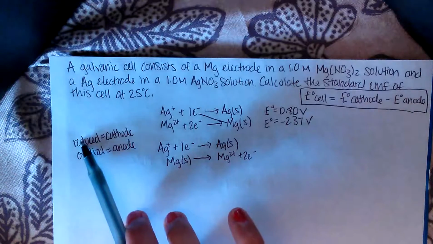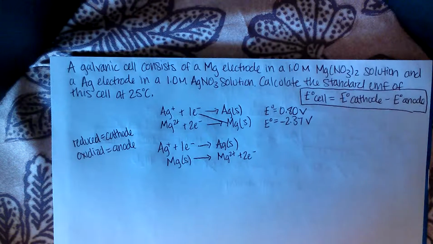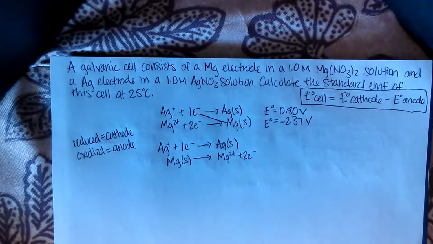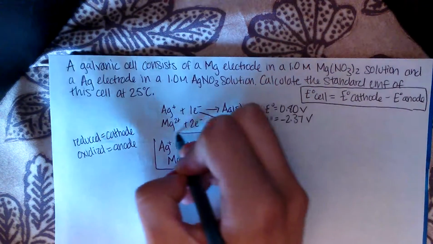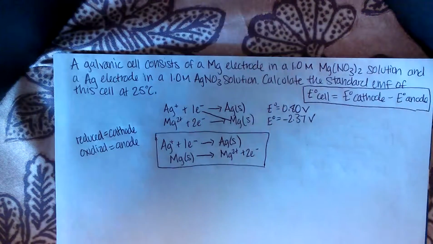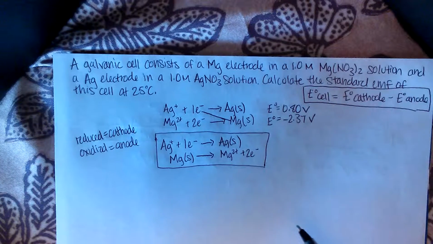When you're reducing something, you are adding electrons to make it more negatively charged. When something is oxidized, you're removing electrons to make it more positively charged. So you can look at what we have set up here, and you can tell which one is the cathode and anode based off of where they have placed the electrons.